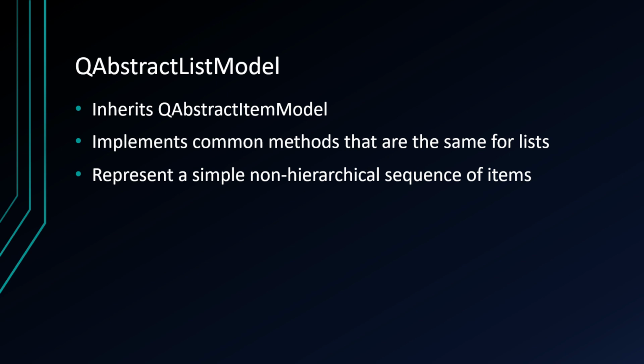QAbstractListModel is a subclass of QAbstractItemModel, so it is just an improved version for specific needs. And remember that it is not the only class that can be used for more specific cases. You also have, for example, QAbstractTableModel, QFileSystemModel, QStringListModel, etc. So when you create your own application, open the documentation and see what meets your needs the best.